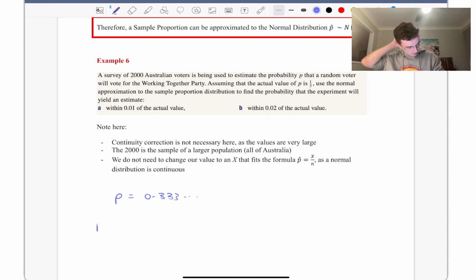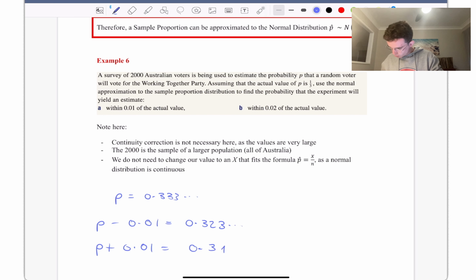So we're going to go p minus 0.01. That gives us 1/3 minus 0.01. That gives us 0.323 ... and p plus 0.01 is 0.343.